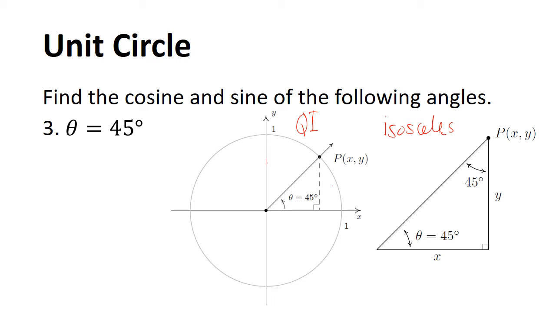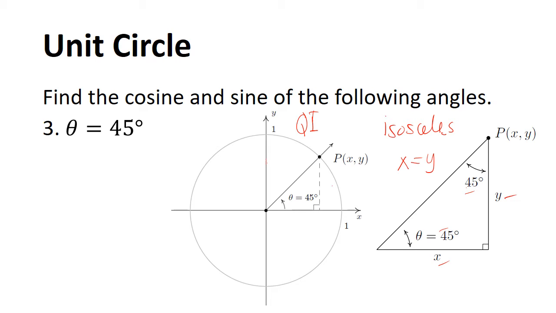So yung side na katapat ng angle na equal ay equal din. So dito, ang equal angles natin ay 45 degrees at yung mga katapat nun is x, and at the same time y. Right? Therefore, since isosceles right triangle tayo, x equals y or y equals x.